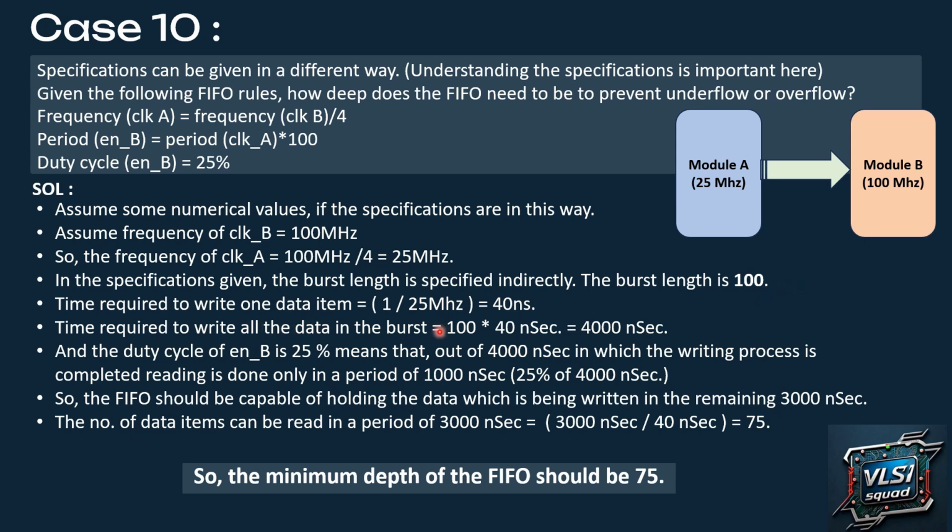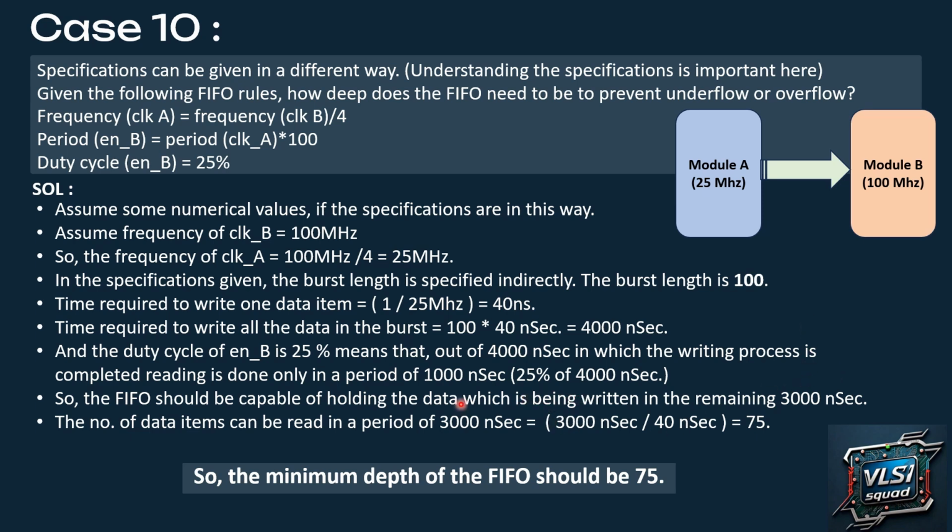Now the time required to write one data item will be the time period of the writer. That is 1 by 25 megahertz, that is 40 nanoseconds. And the time required to write all the 100 data items will be 4000 nanoseconds. But according to equation 3, only 25% of the time the reader is reading. That means out of 4000 nanoseconds, only 25% of the time, that is 1000 nanoseconds, the reader is reading the data, and the rest of the time the reader is not reading.